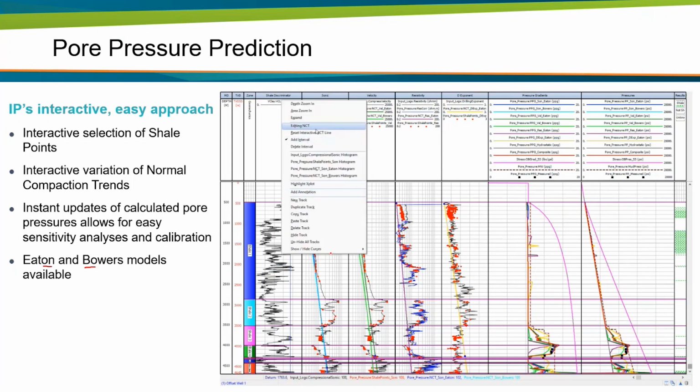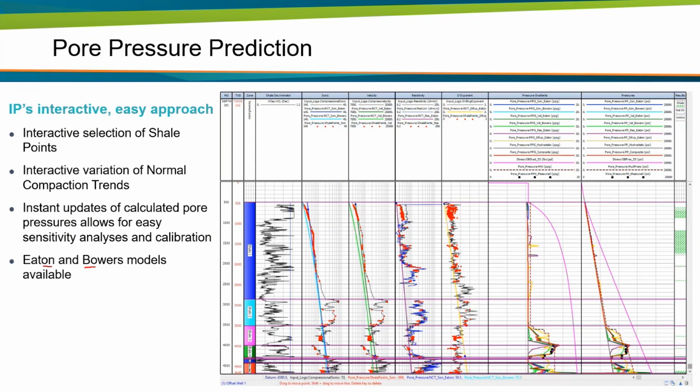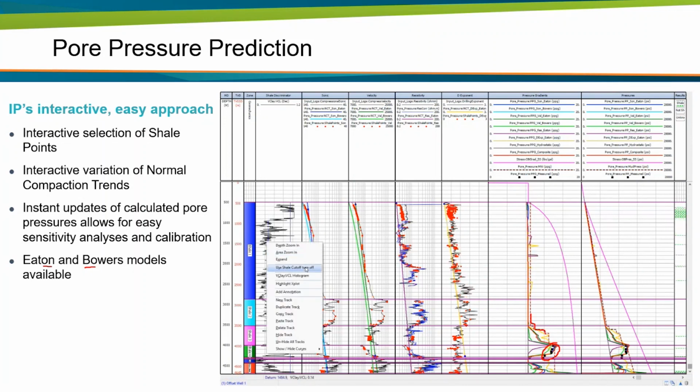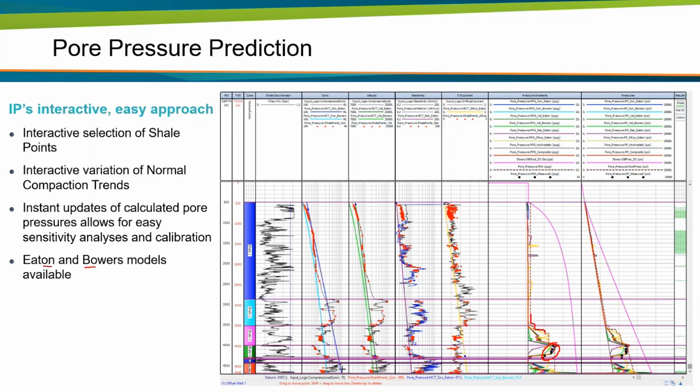And once you are happy, you can then change the NCT. This dark blue line, for instance, is the Eaton normal compaction trend line. Once you change the NCT, the calculated pore pressures update automatically, and you can calibrate them to direct pore pressure measurements or mud weight, which you defined as inputs. So this module is highly interactive, which makes it hopefully easy for the user to quickly model a pore pressure prediction model.